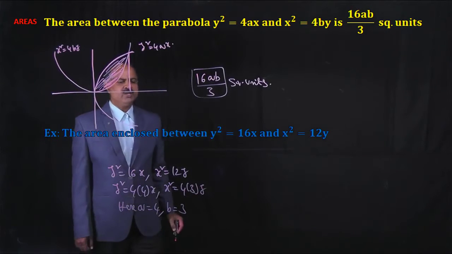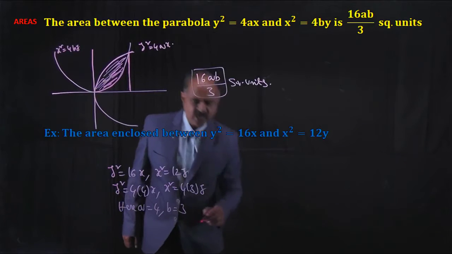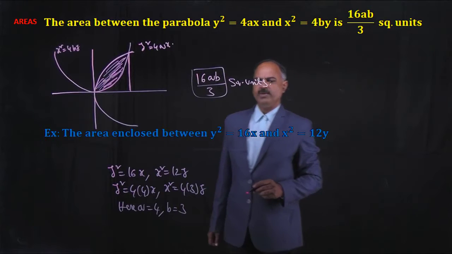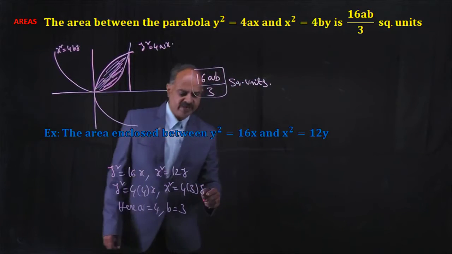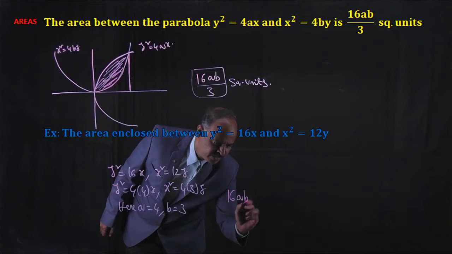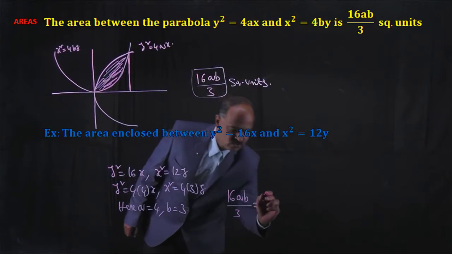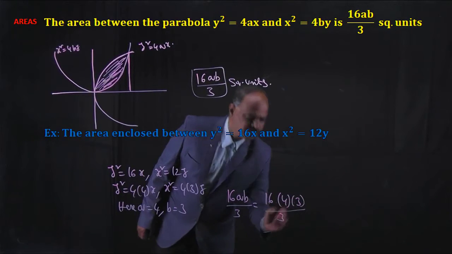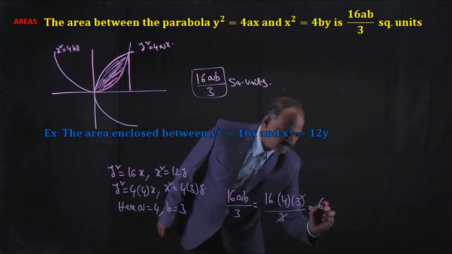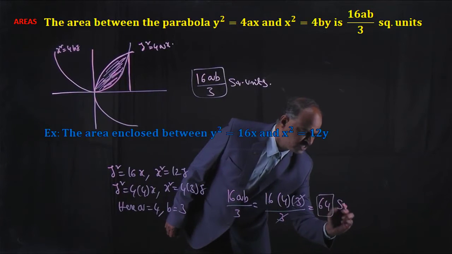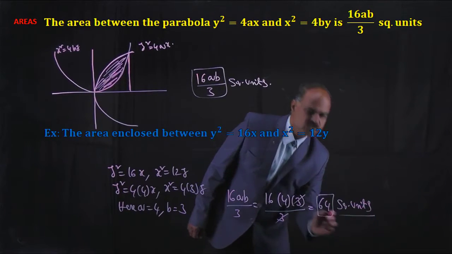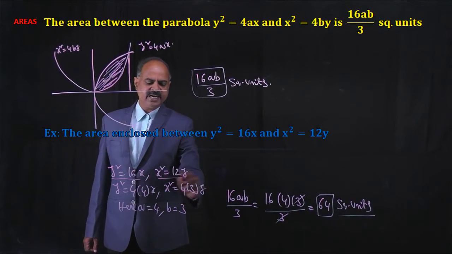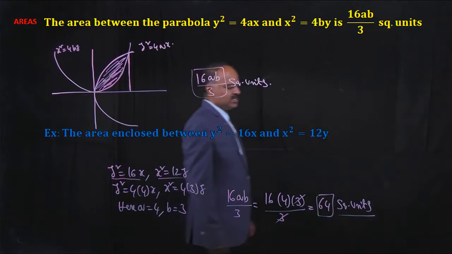The area between the parabolas is 16ab by 3 square units, which is 16 into 4 into 3 by 3. The 3 and 3 cancel, giving 64 square units. Therefore, the area enclosed by the parabolas y square equal to 16x and x square equal to 12y is 64 square units.